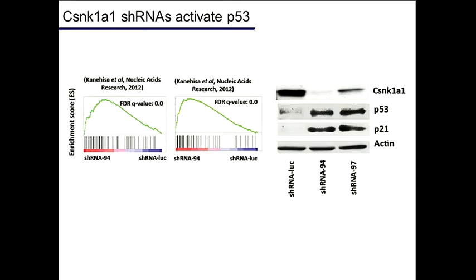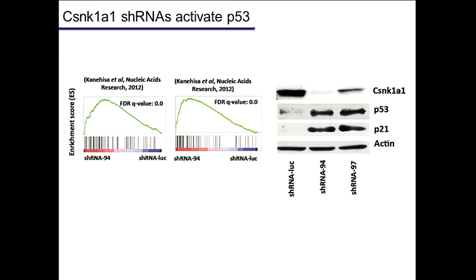When we looked at the effects of the shRNAs and what they're regulating, we saw a very strong induction of P53. And by Western blot, you could see a strong induction of P53 and its downstream target P21 when you knock down casein kinase. So we think that that's part of the mechanism of killing cells when you lose casein kinase 1 alpha.